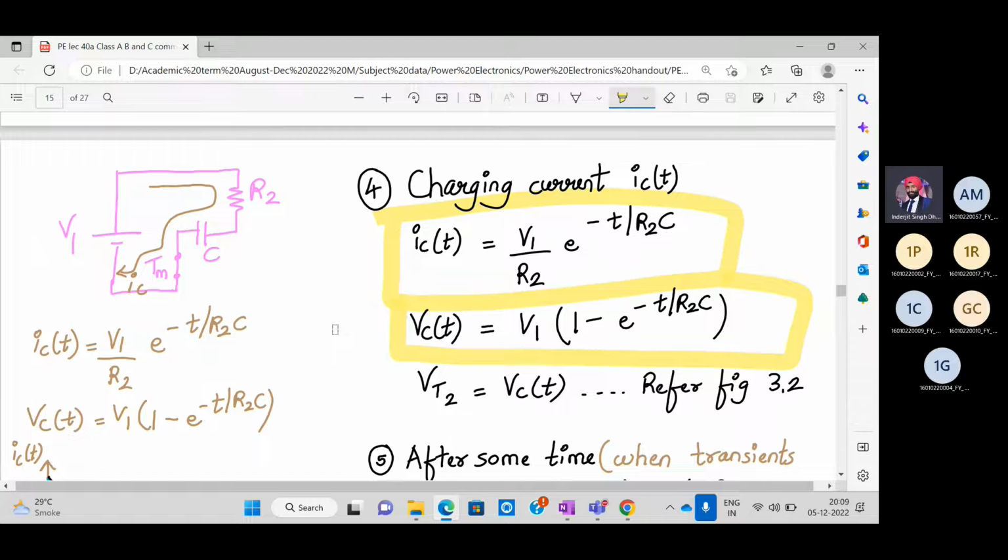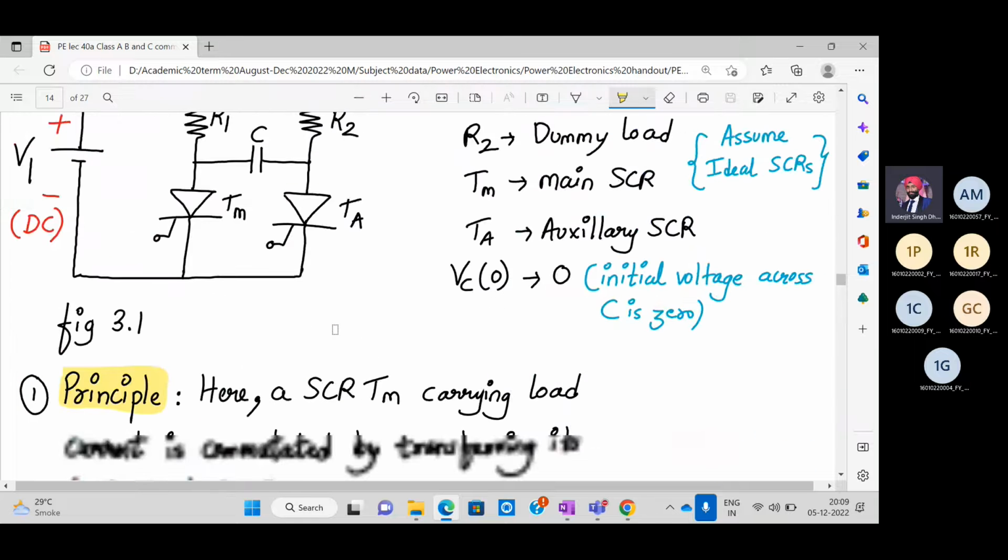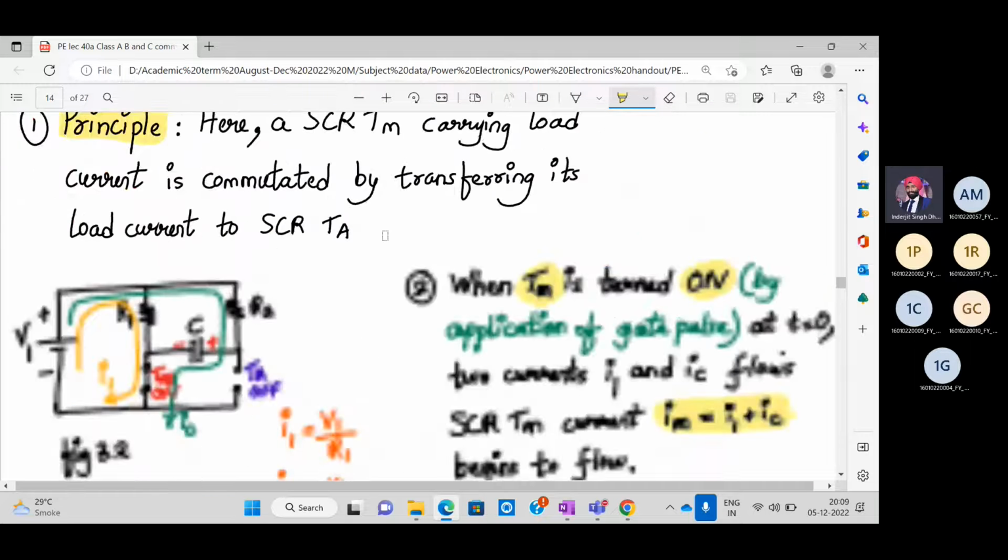Now the voltage across the capacitor will be given by V1 into 1 minus e raised to minus t upon R2C. And you can easily see that the voltage across the SCR T2 is similar. T2 is basically TA only over here.